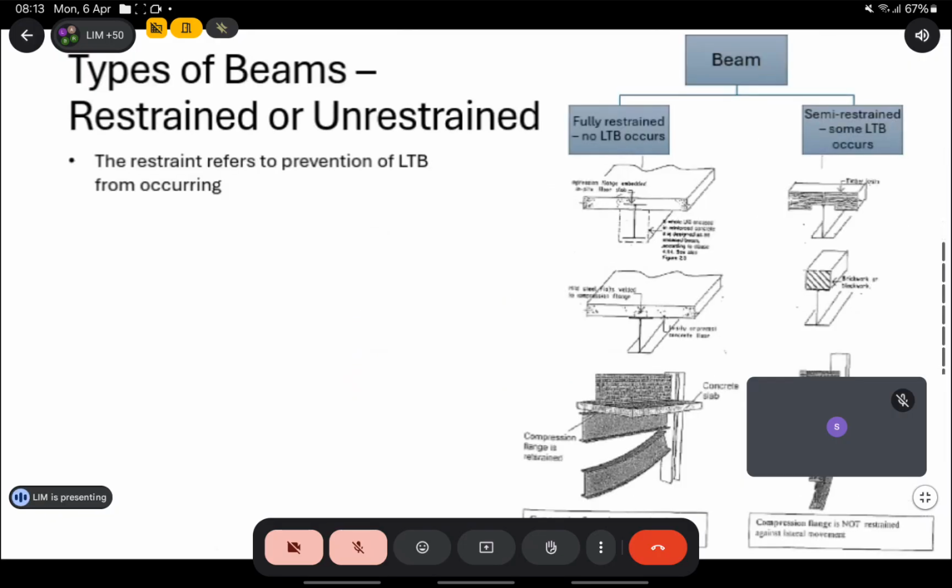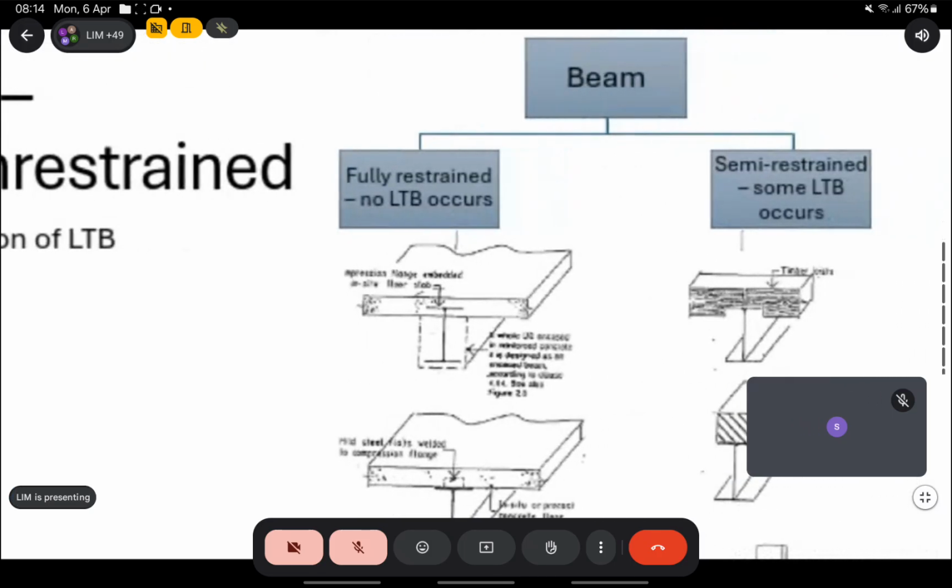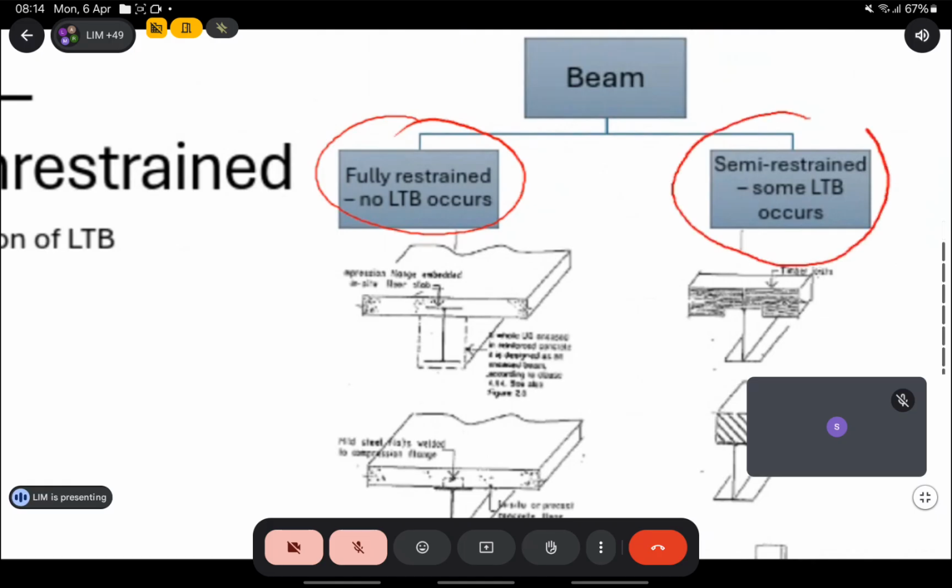So when you classify beam types, when you design a beam, why did I talk about LTB? The reason I mentioned LTB early is because when you design a beam, you have to decide first, is the beam fully restrained or is the beam only partly restrained?